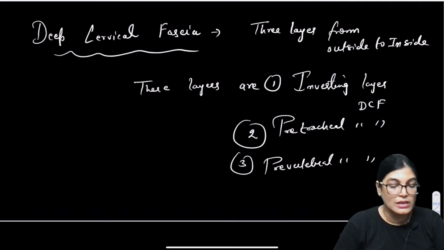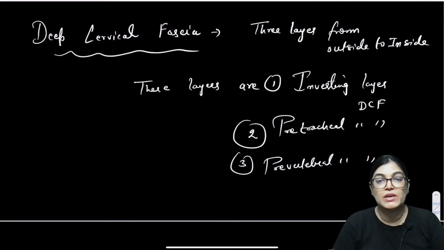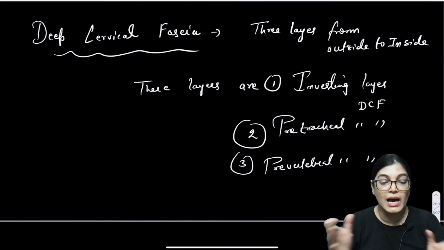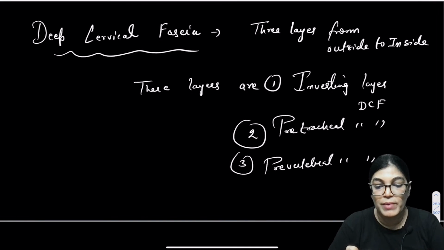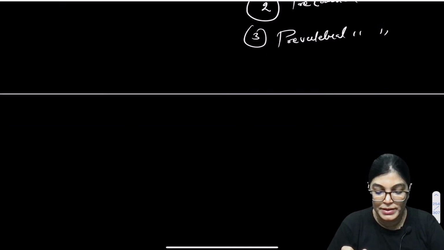So what does this mean? The deep cervical fascia is made of the investing layer, pre-tracheal and pre-vertebral layers. The spaces formed in between these layers form the neurovascular compartment and the visceral compartment.